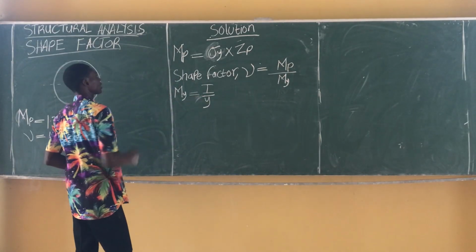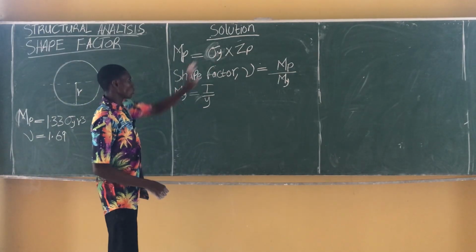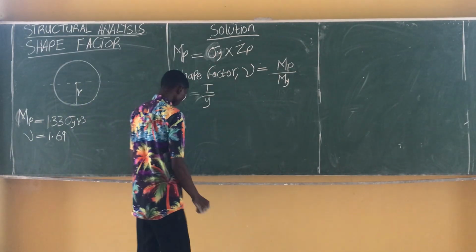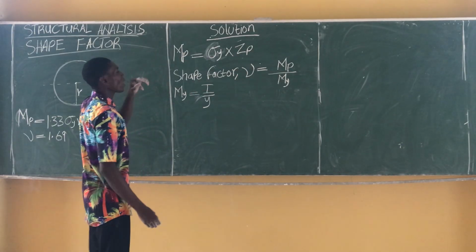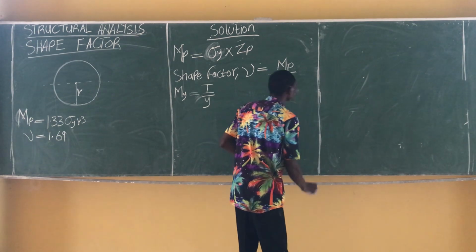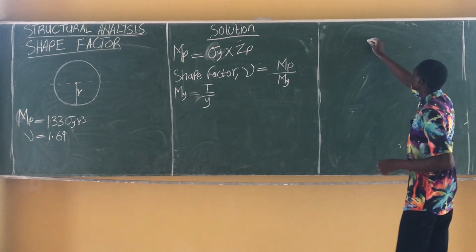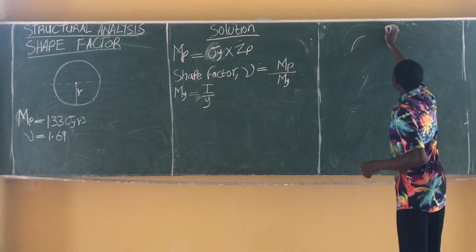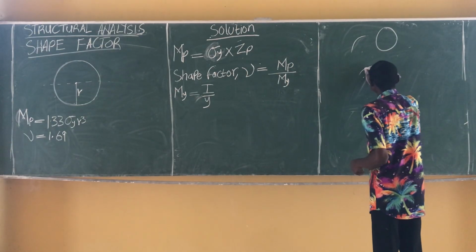Okay, so let's get our plastic moment. We know our yield stress, which is sigma y. So our first task will be to get our plastic moment. Now, when we want to determine our plastic moment, we simply consider our point of neutral axis. So for that circle, this is the circle, and we split the circle into two.